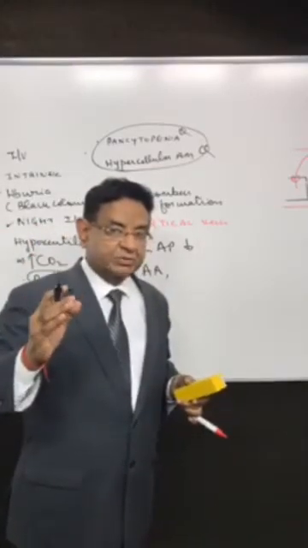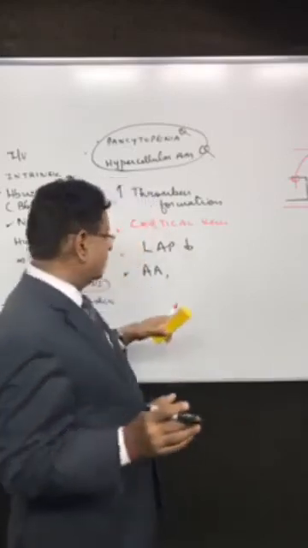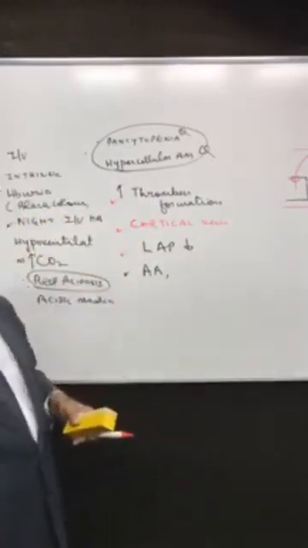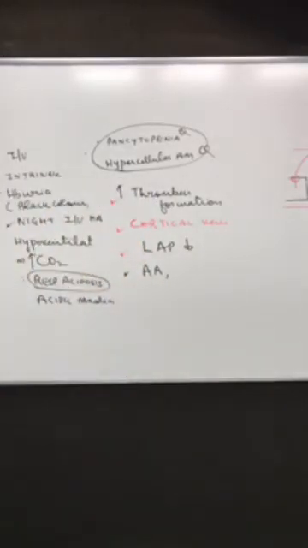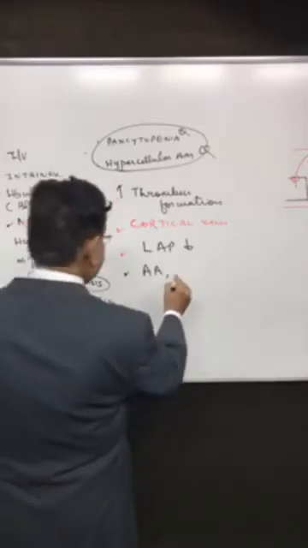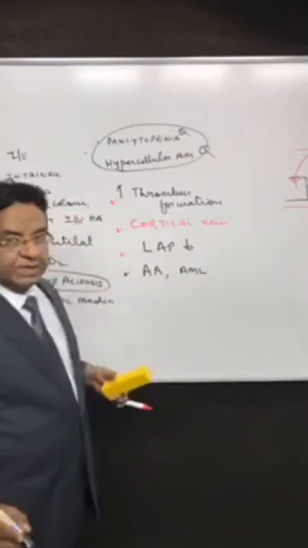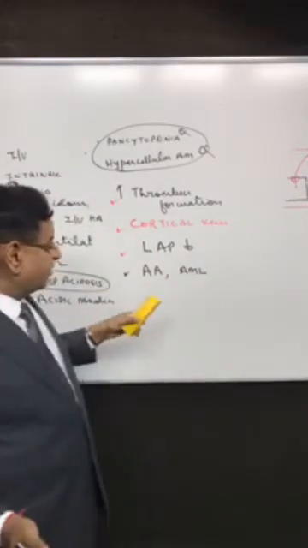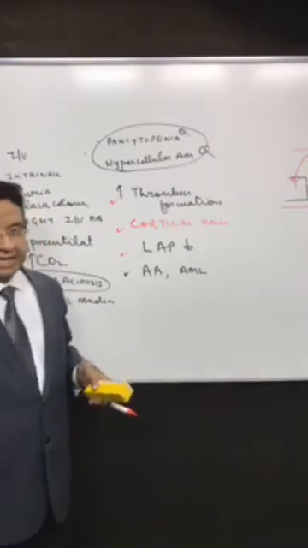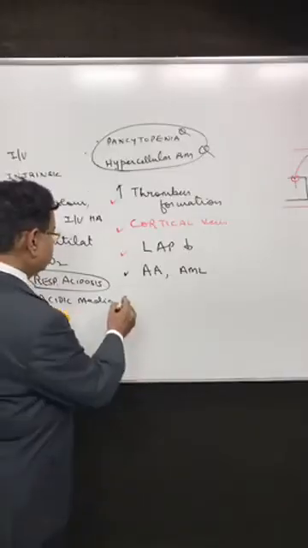Remember, usually it is a hypercellular marrow, but even aplastic anemia can occur. And second, the patient may develop acute myeloid leukemia. So there can be bone marrow failure, or the patient may develop acute myeloid leukemia.